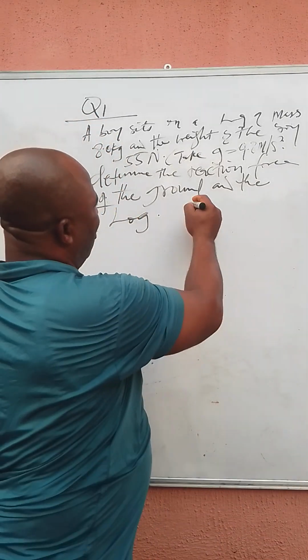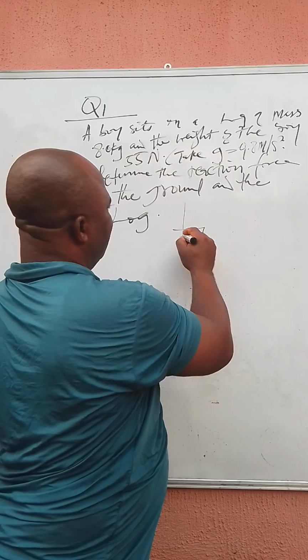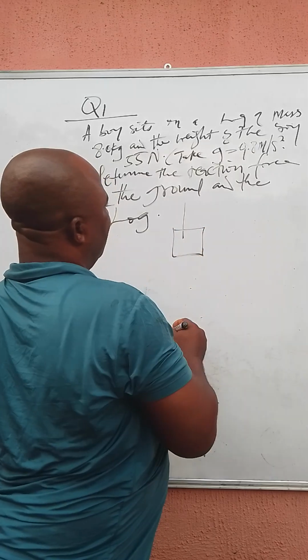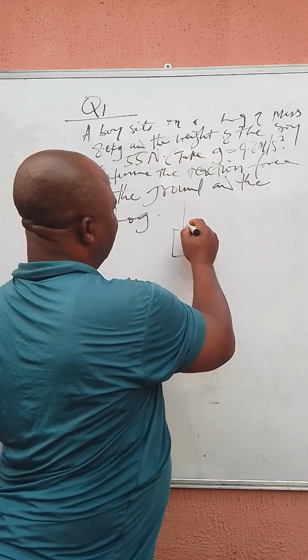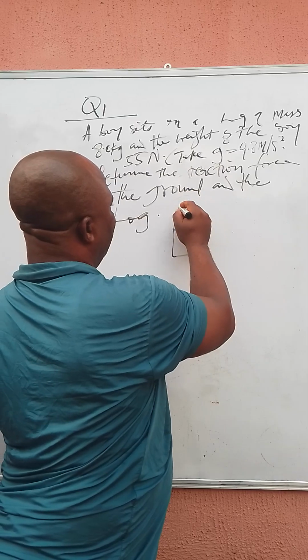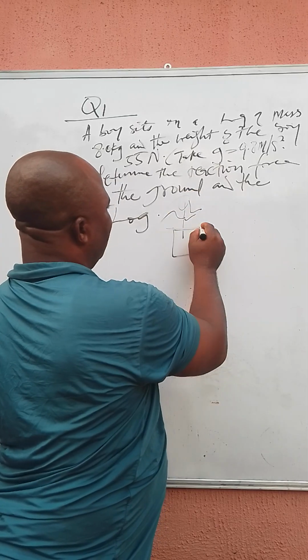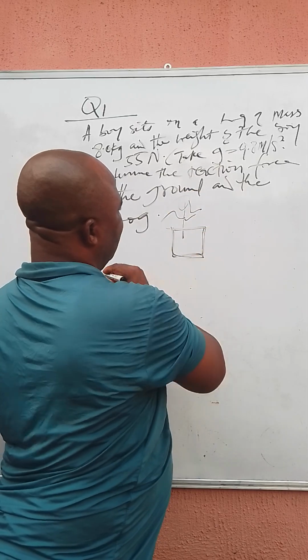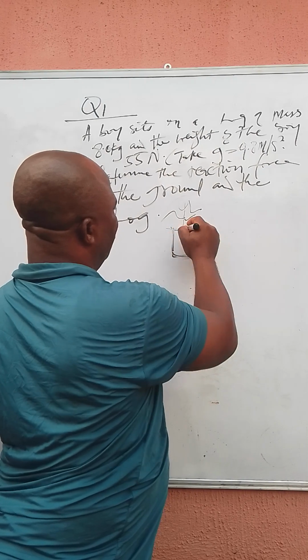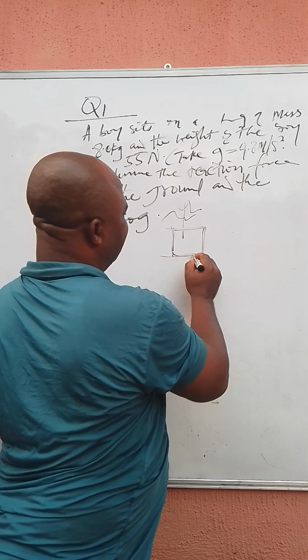Now, let's have our diagram this way. This is the boy. Then this is the log. The boy is sitting. Then this is the ground.